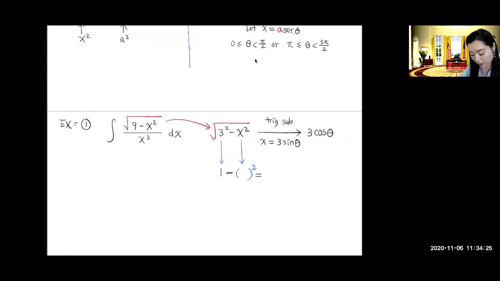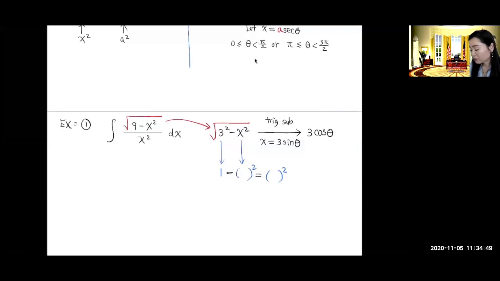You want to get a square at the end. There's a 3 squared corresponding to the 1, and then you have a square here. You want to make the whole thing inside the square root a perfect square. So you think about what the identity will be. Now you can fill in the blank.